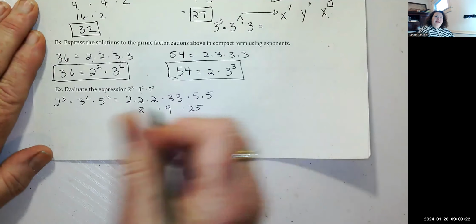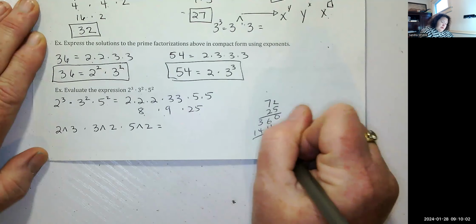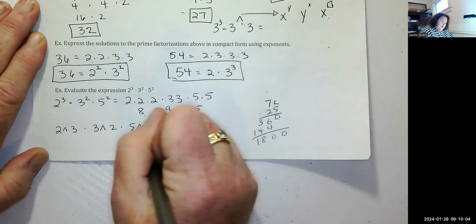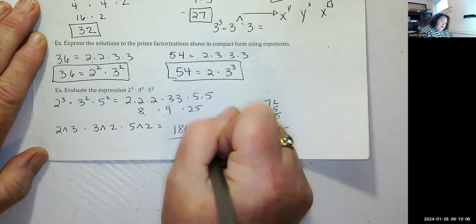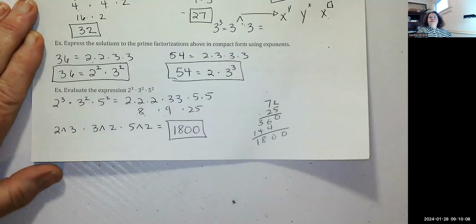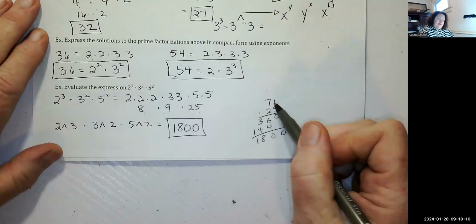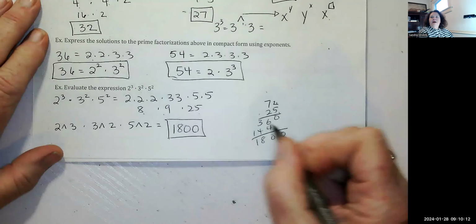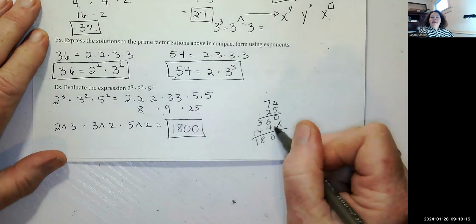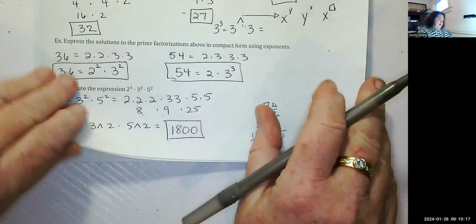I don't have my calculator with me. 7, 10, 25, 36, 4, 14, 0, 10. Yep, 1800. So 1800 should be your answer for this one. Okay. I'm just going 72 times 25. Please notice that I did leave my blank here for the tens, the ones place.